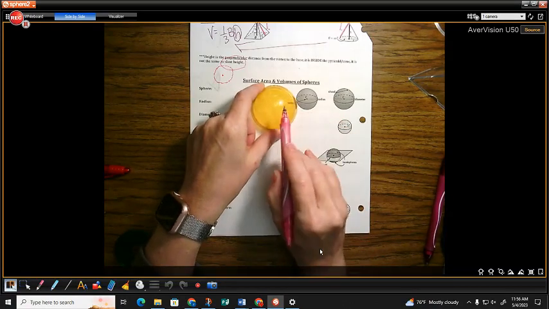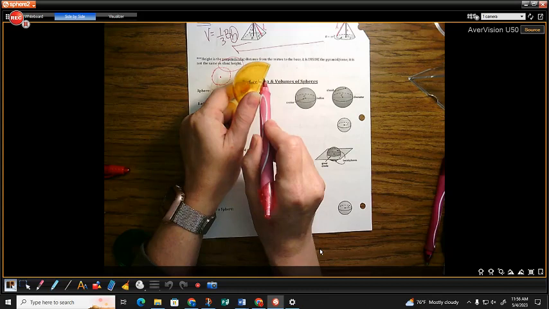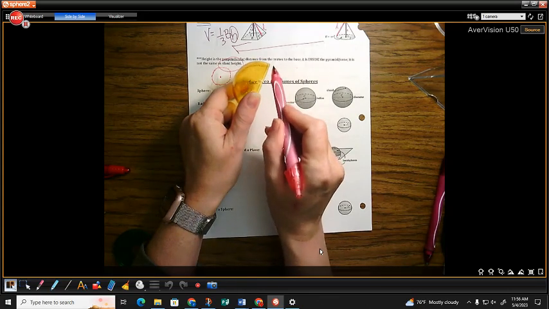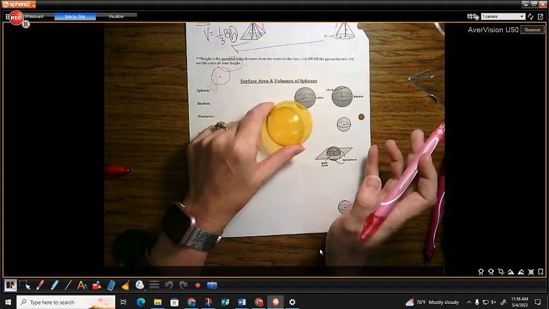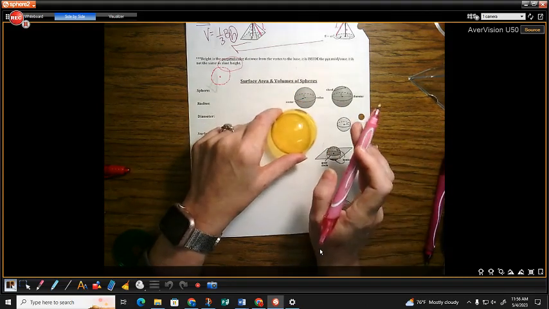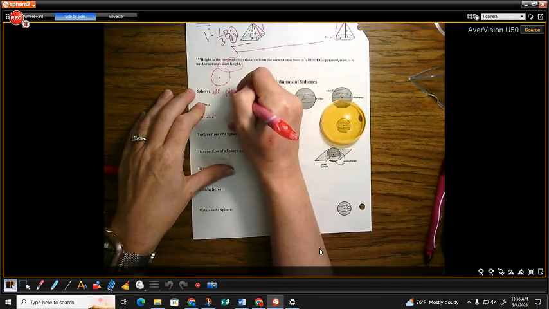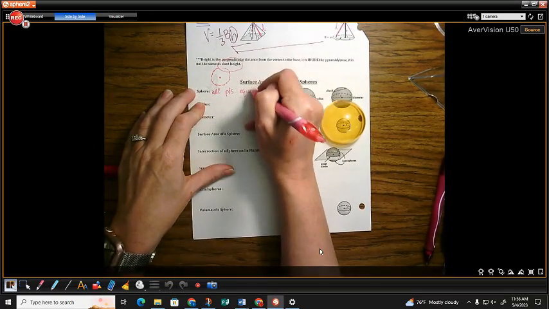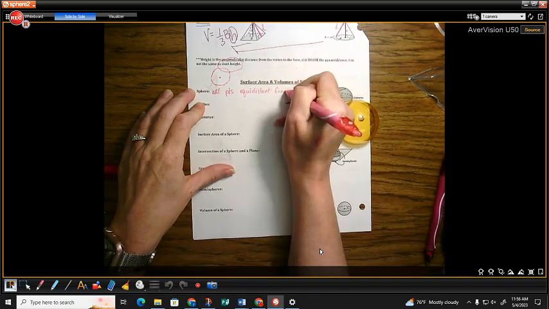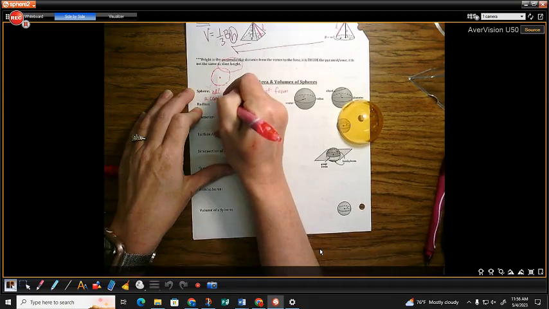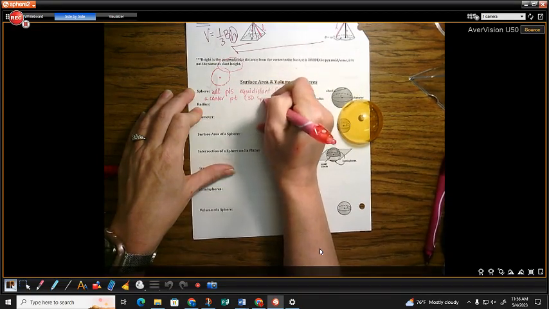Would all these things up here still be the same distance from my center point as the stuff along there? Yeah. So the definition of a sphere is the same as a circle, but in 3D space. So it's all points equidistant from a center point in 3D space.